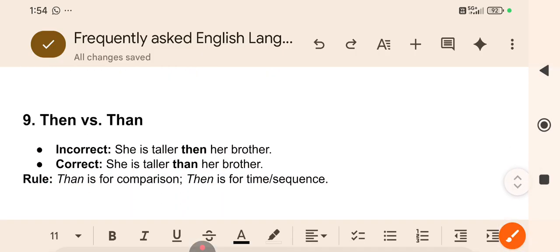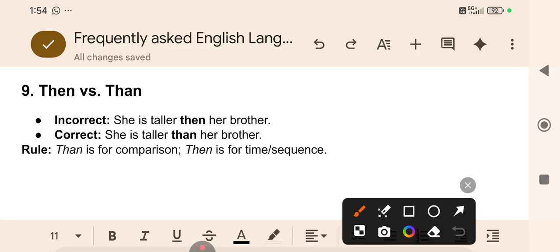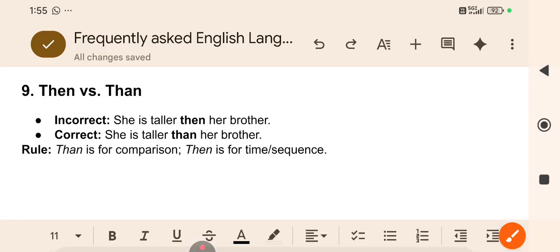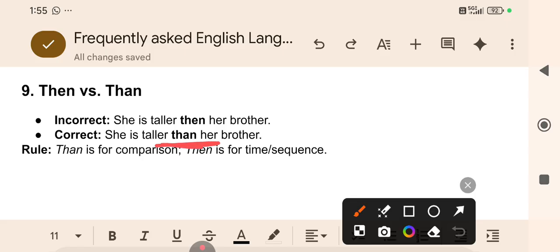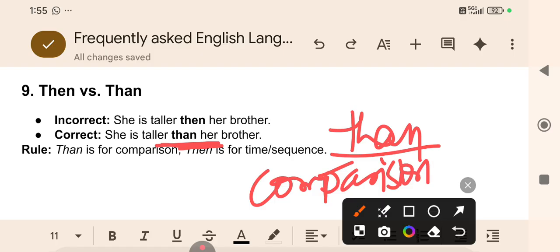Now next, then and than, very common, but let us discuss. She is better than. Here than will be used, and you know that than is exclusively used for comparison, right? And for comparison, which part of speech is used?